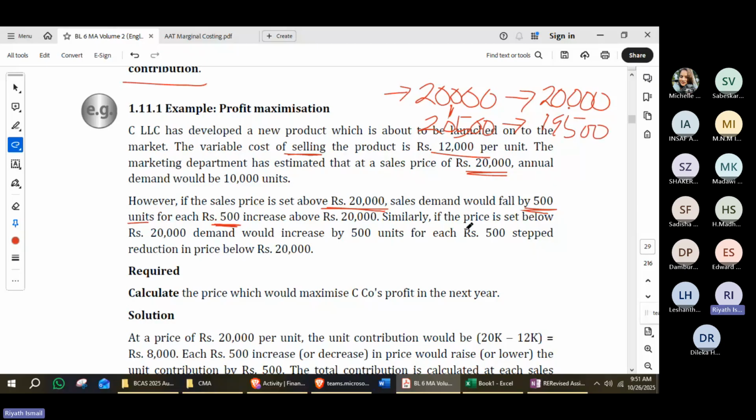Similarly, if the price is set below 20,000, say 19,500, the demand will increase by 500 units, with each step of reduction below 20,000. This is the case.